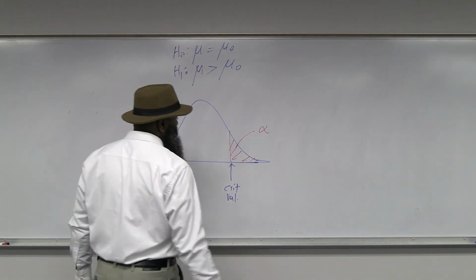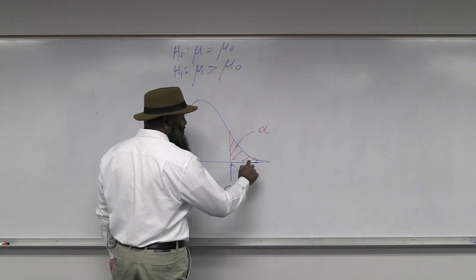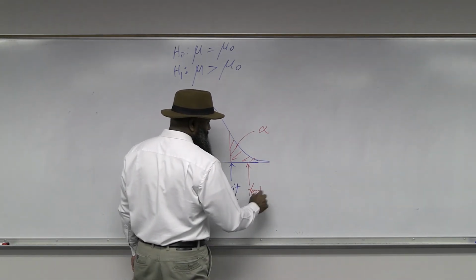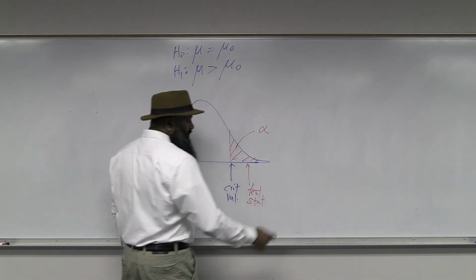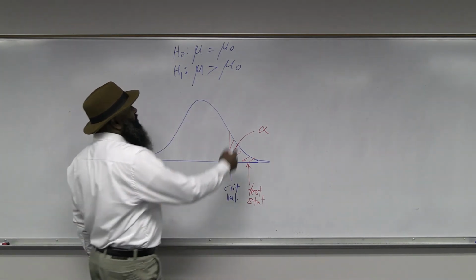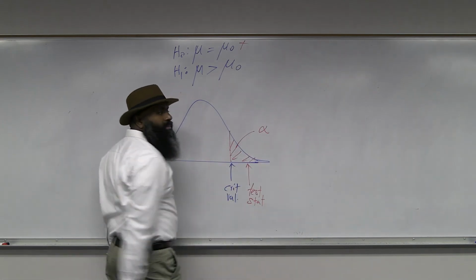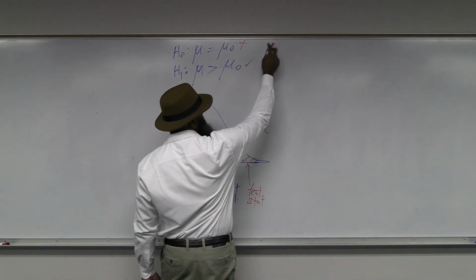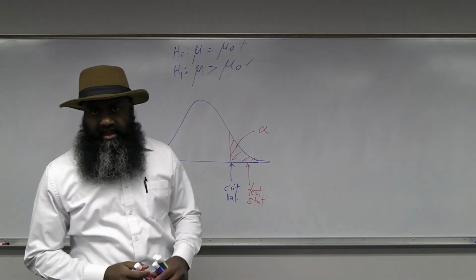If the calculated test statistic lands on this rejection region, what we do is reject our null hypothesis, and we conclude that our data support the alternative hypothesis.